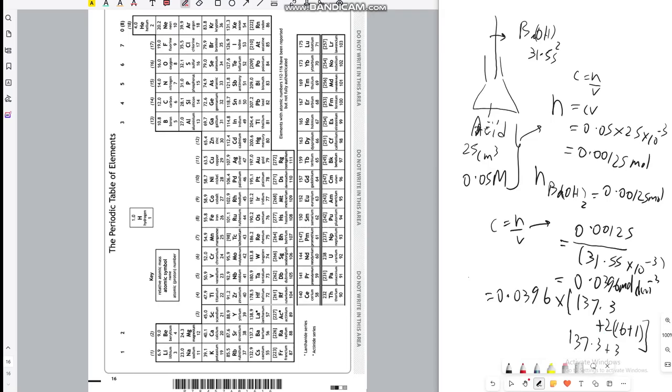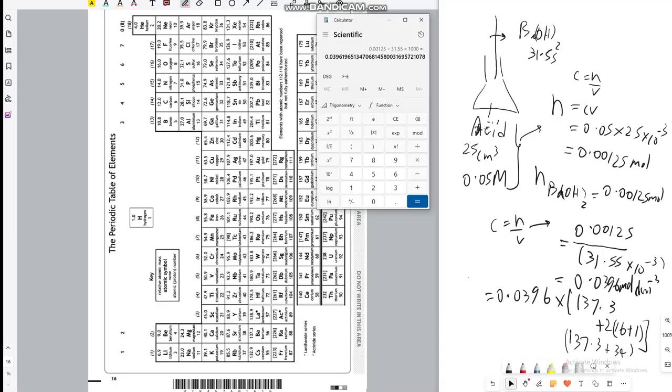So what I get is 137.3 plus 34, which has to be multiplied by 0.0396, right? It's 2 into 17. For that I have to add 137.3. You get 171.3. I have to multiply that by 0.0396, right?